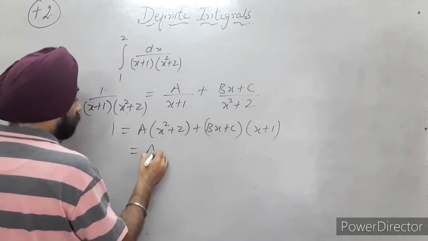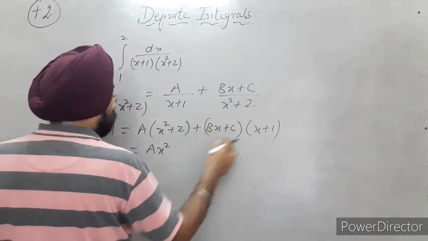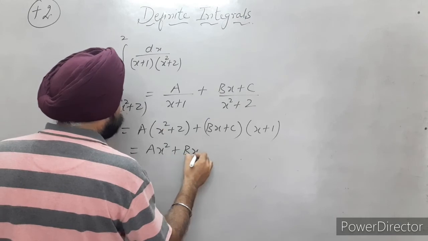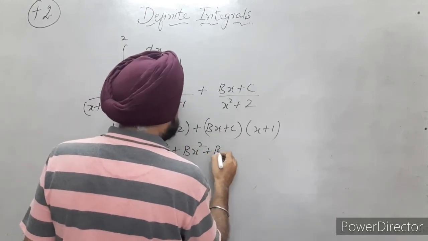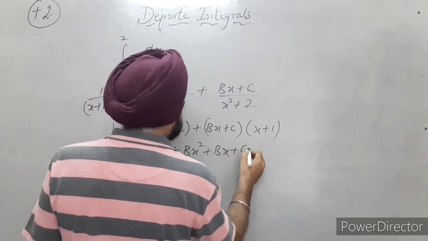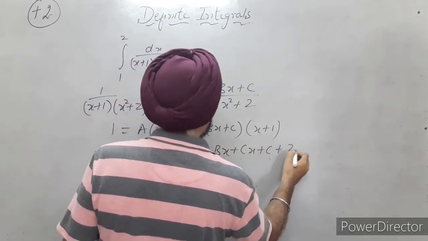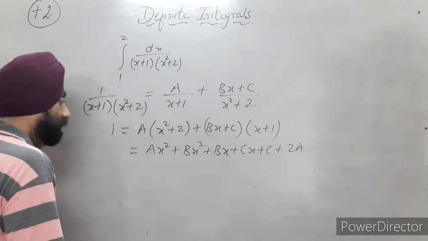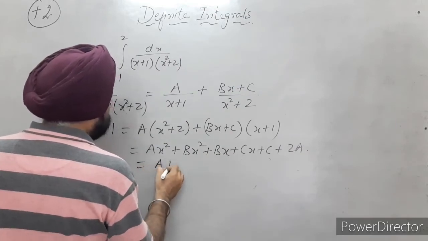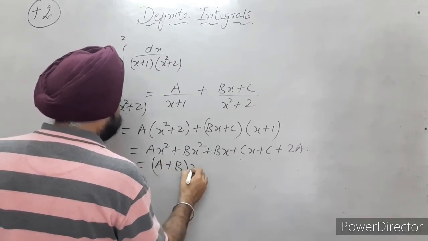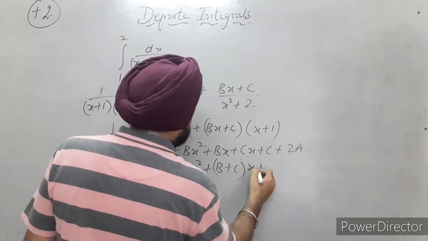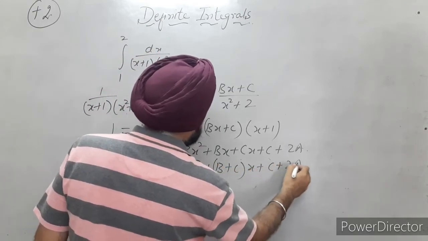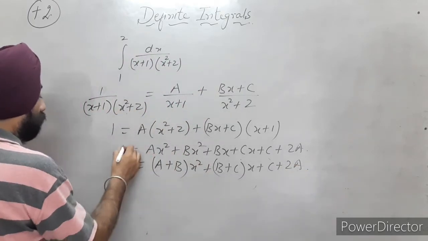Open the brackets: Ax square, Bx square, 2A, Bx plus Cx plus C plus 2A. I get these terms. X square is common, x is common, and the constant is C plus 2A. I get 1.